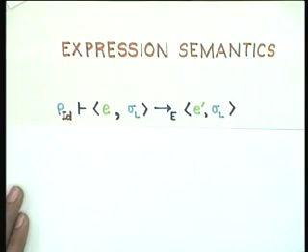Now the expression semantics, most of it can be rewritten in this form without much problem. The only thing that requires elaboration is the major change, which is that now you have two kinds of identifiers. They are either constant identifiers or variable identifiers.